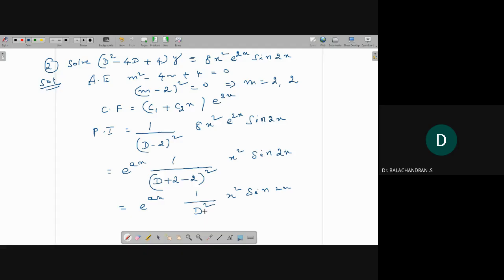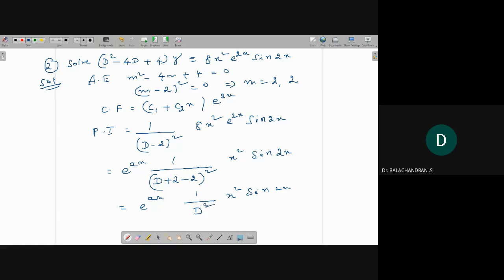Suppose if I have plus 1 or minus 1 or plus d or minus d, then you should write sine 2x is equal to imaginary part of e power i 2x and then proceed. That is the only possibility. But here I have only d square, so I have the other possibility also. I can integrate again twice and get the answer.